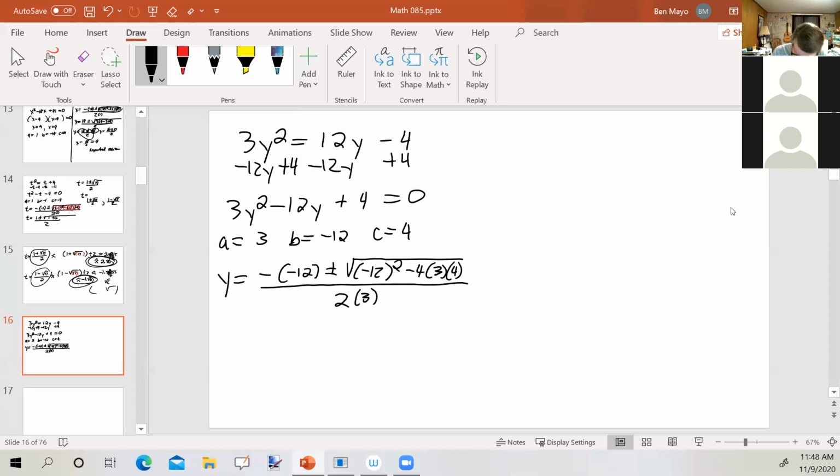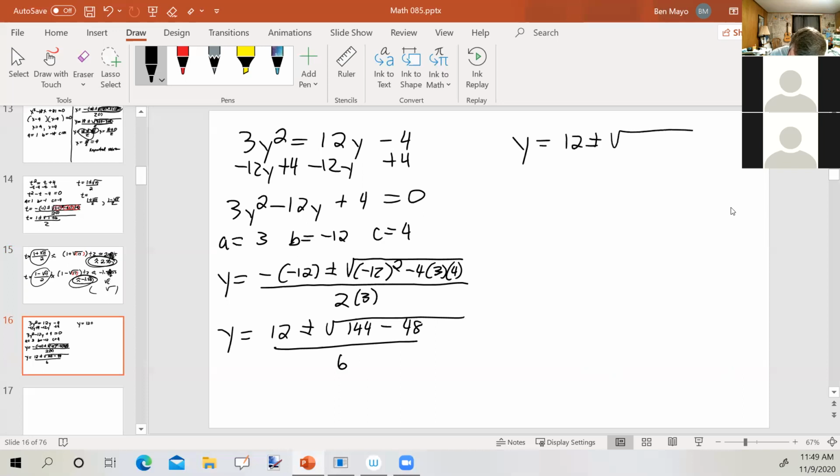Continuing to simplify, y equals 12 plus or minus the square root of 144. Let's see, we've got minus 4 times 3 is minus 12 times 4 is minus 48 all over 6. So y equals 12 plus or minus the square root of 144 minus 48, which would be 96, all over 6. Now, it would be great if 96 is a perfect square.